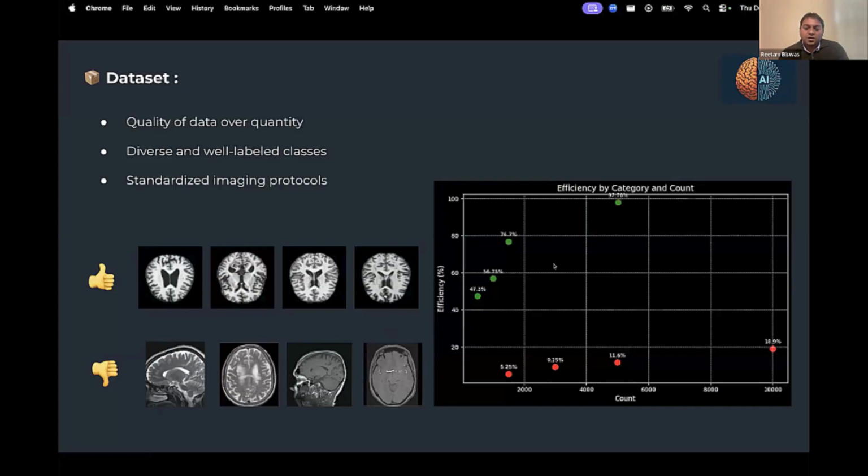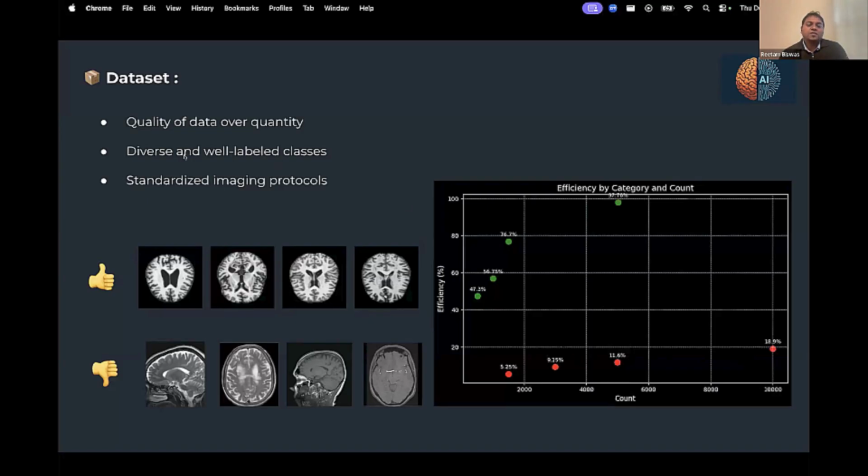And this graph shows the green dots performed on the good quality data set, giving a significant improvement up to, let's say, 97.76% for 5,000 images that we trained. And these red dots are not giving comparable results, even if we have a larger data set.